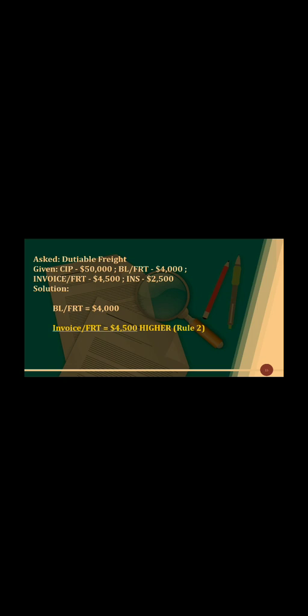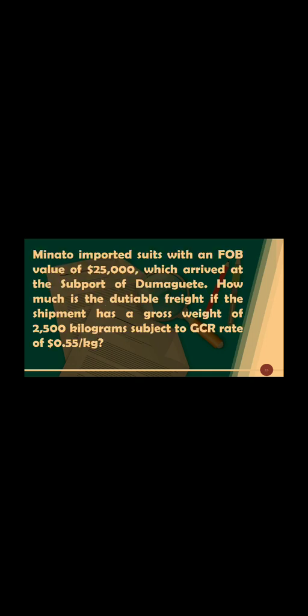Solution, we need to compare the bill of lading freight and the invoice freight indicated in the problem, and whichever is higher would be our dutiable freight. So the bill of lading freight is $4,000 and the invoice freight is $4,500. So we go to the invoice freight, which is higher compared to the bill of lading freight, so that falls under rule number 2 as well.